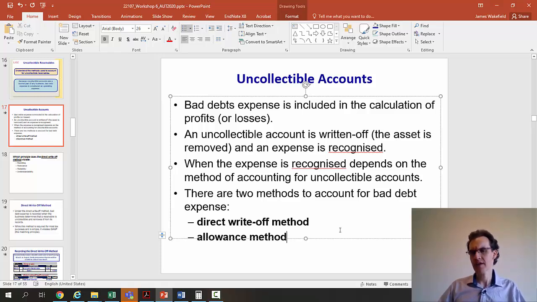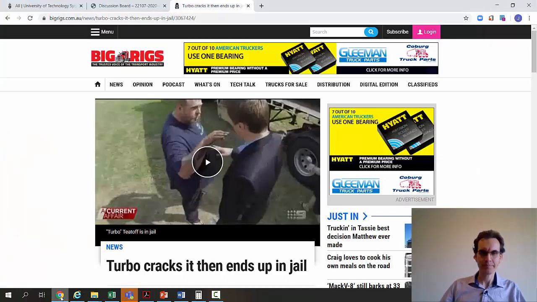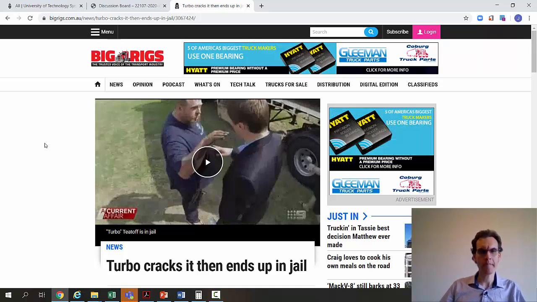Basically, the direct write-off method is where we write off and recognize the bad debt expense when we are absolutely certain that the customer is not going to pay us. Let me give you an example. Some of you might have watched a show called Outback Truckers, which is an Australian show about Outback truck drivers.